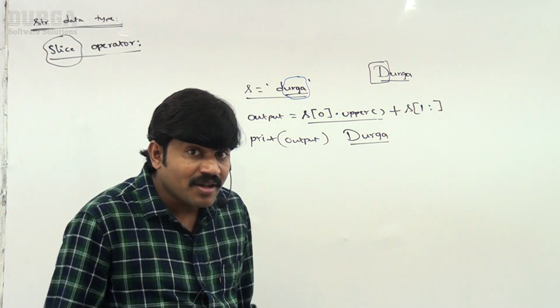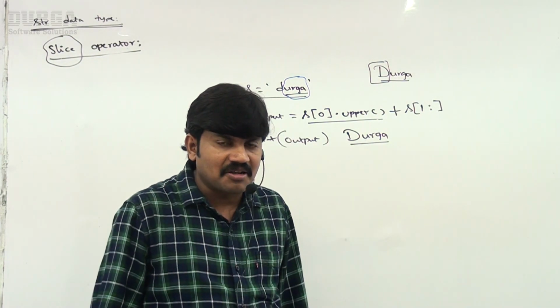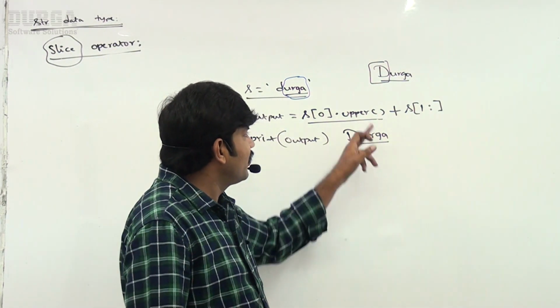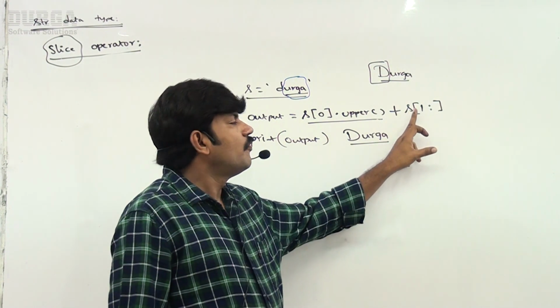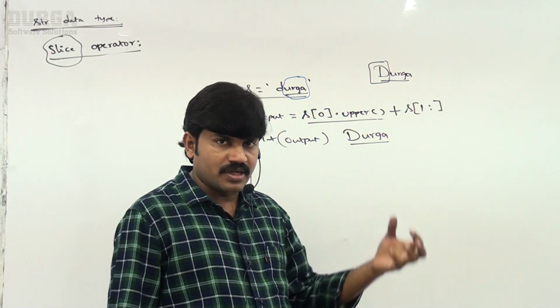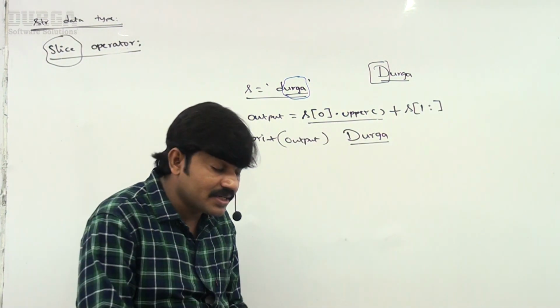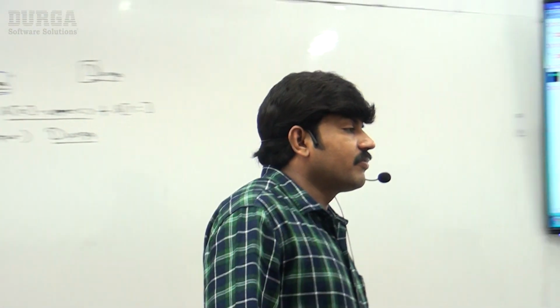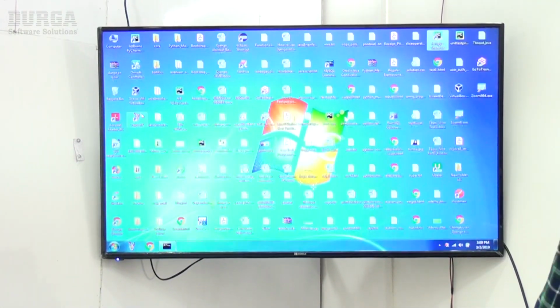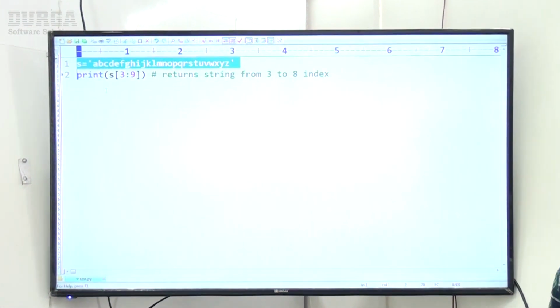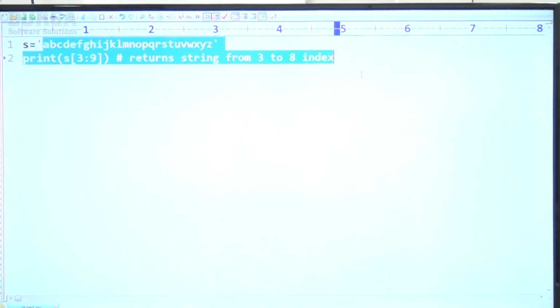If you are perfect with the slice operator, you can play games with the string. I want from index 1 to the end as it is, and the first character converted into uppercase. Let me execute this code. Here s is equal to durga.